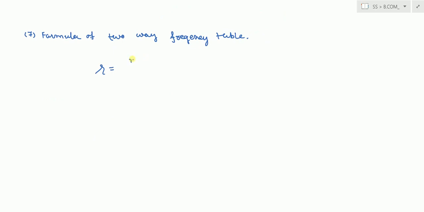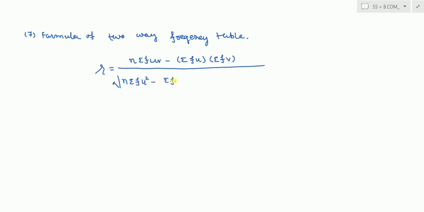r is equals to N sigma FUV minus sigma FU into sigma FV upon under root of same formula but multiplied with F: under root N sigma FU square minus sigma FU whole square into under root N sigma FV square minus sigma FV whole square.